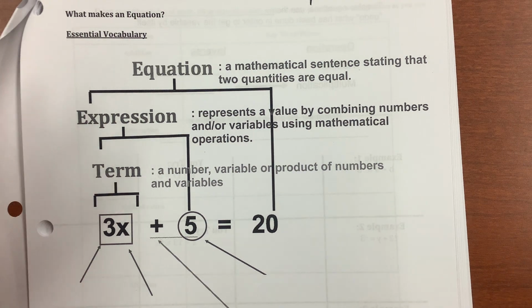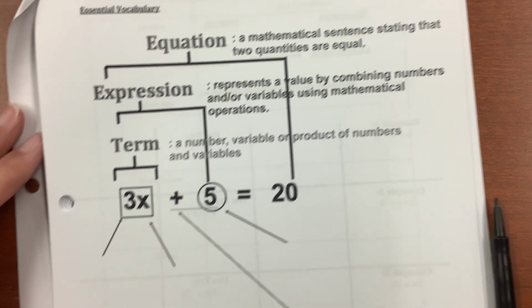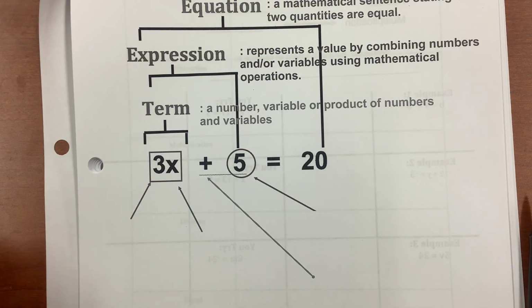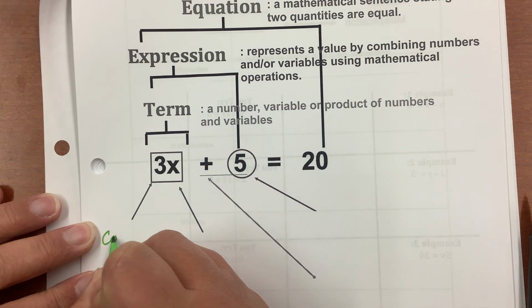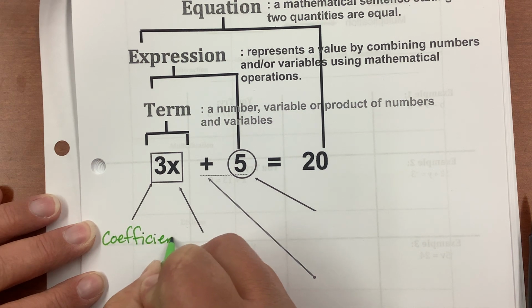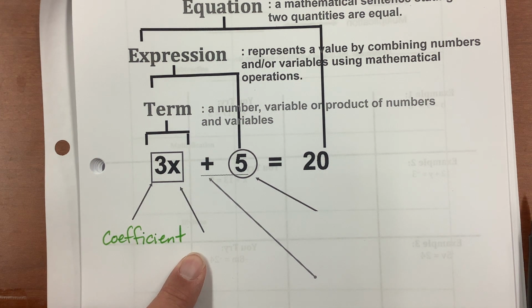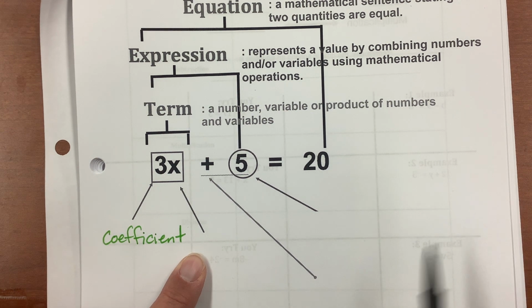Most terms have a coefficient, and that's that number 3 there. And a variable, and that right there is my variable x.